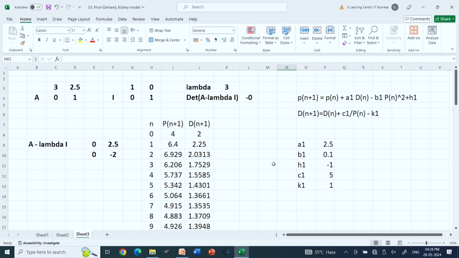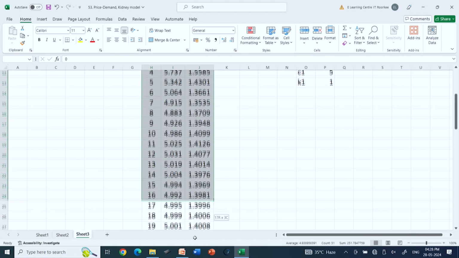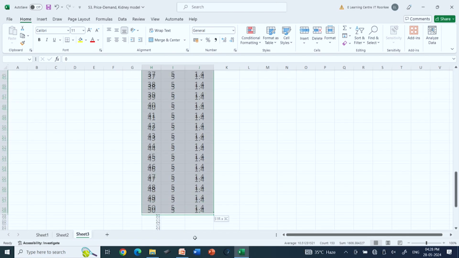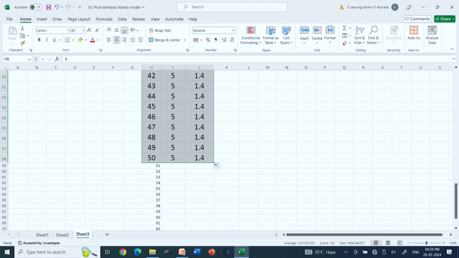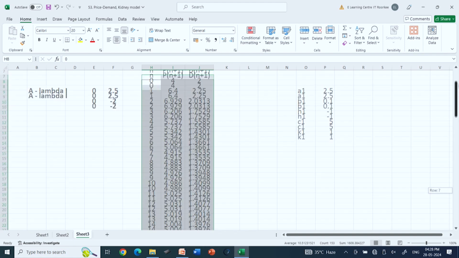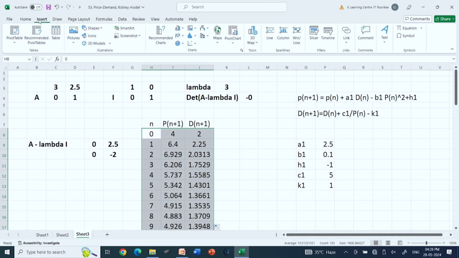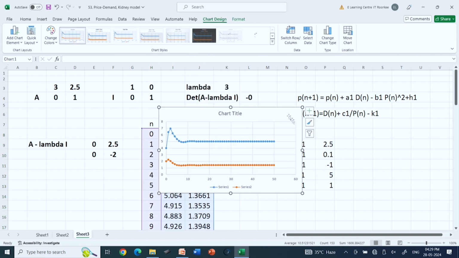Okay. So if I now plot this, you go to Insert, I go to this chart and I plot this.